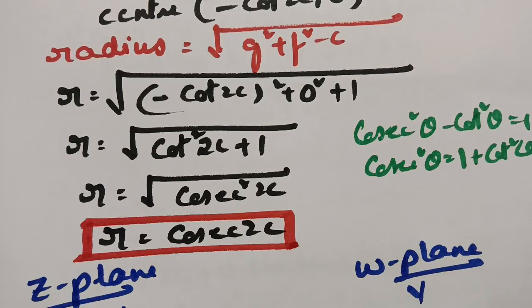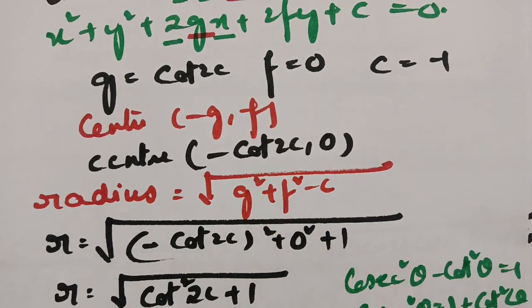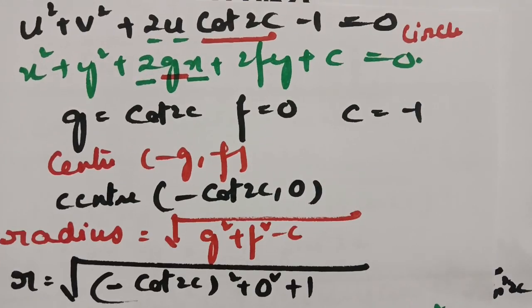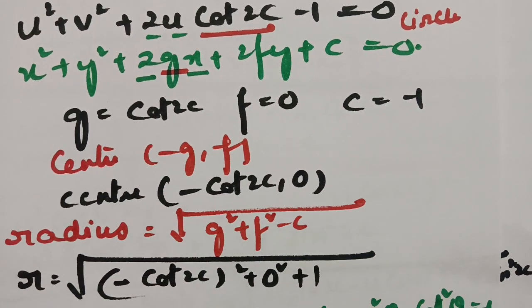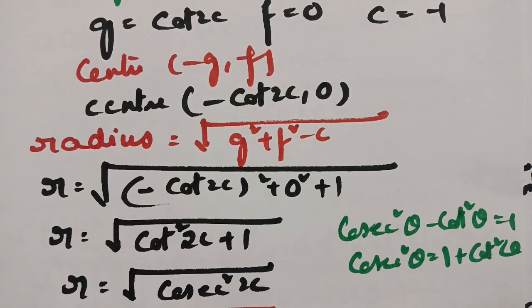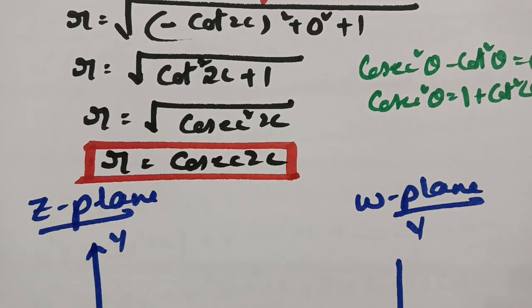The radius here is cosecant 2c, and the center is minus cot 2c, 0. So we have a radius of 1 unit, and cosecant theta ranges from minus 1 to plus 1.